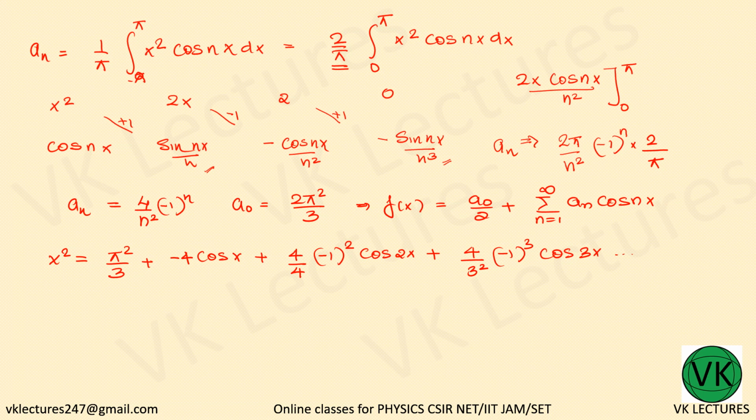Now at x equal to 0, this is the question, find the value at x equal to 0. So the left side becomes 0, that is equal to pi square by 3 plus minus 4 into cos x, and cos 0 is 1.